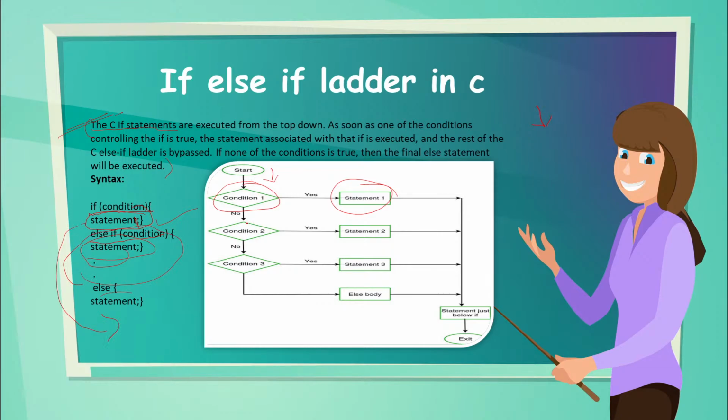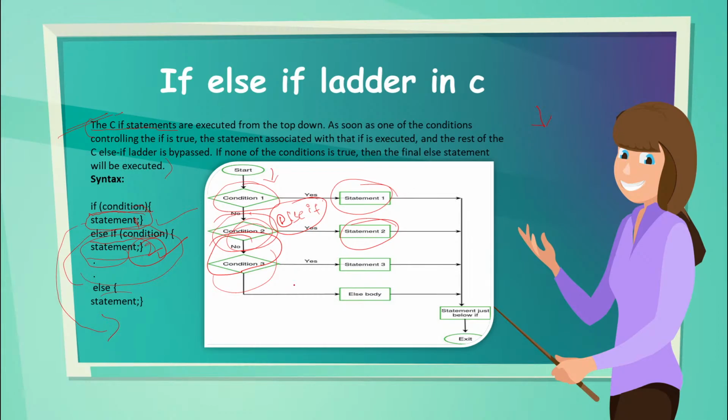If this particular condition is not satisfied, assume that this is an else if block, again it will check the condition present over here. If this condition is satisfied, this statement 2 will be executed. Or else it will go to condition 3, that is, it might be one more else if condition.